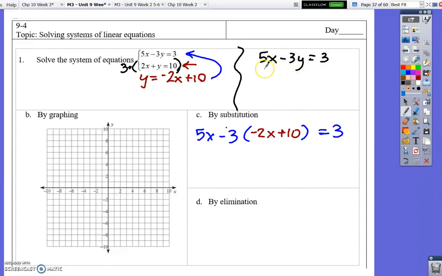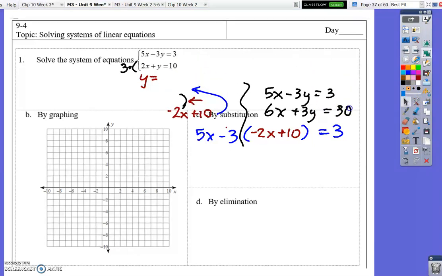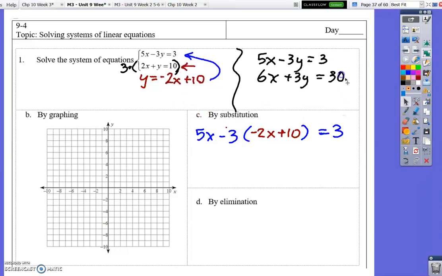And the second equation becomes 6x plus 3y equals 30. So every single member of that changes. And then to do elimination, you're going to add them together, and we're going to end up with 11x plus 0y equals 33. And of course, you can solve that. Once you know what x is, go back and find y.